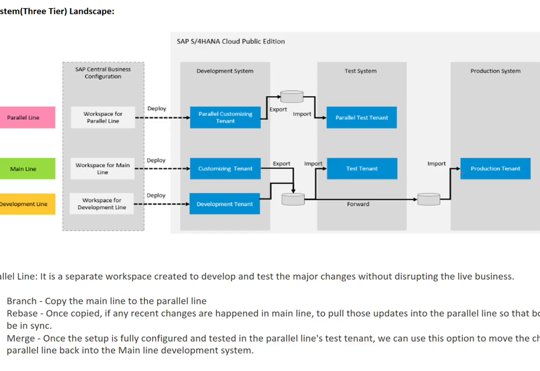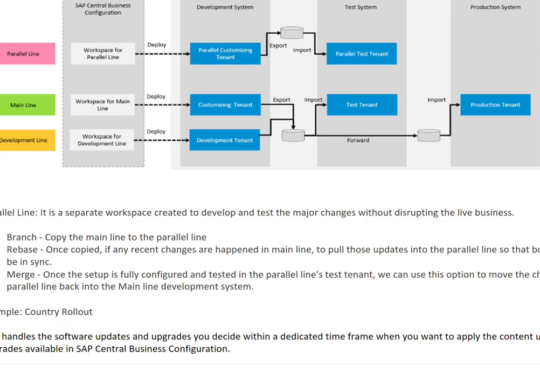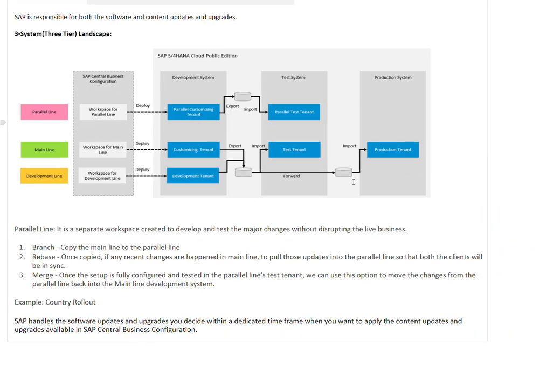So if we try to add any configuration changes or any modifications in the existing changes, it may affect the testing of the US country. Correct? To avoid this, SAP came up with the concept of parallel line where we have three options: branch, rebase, and merge.